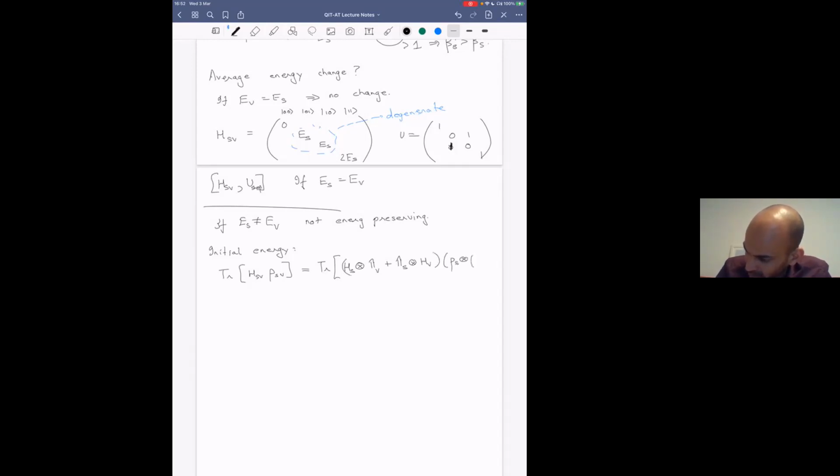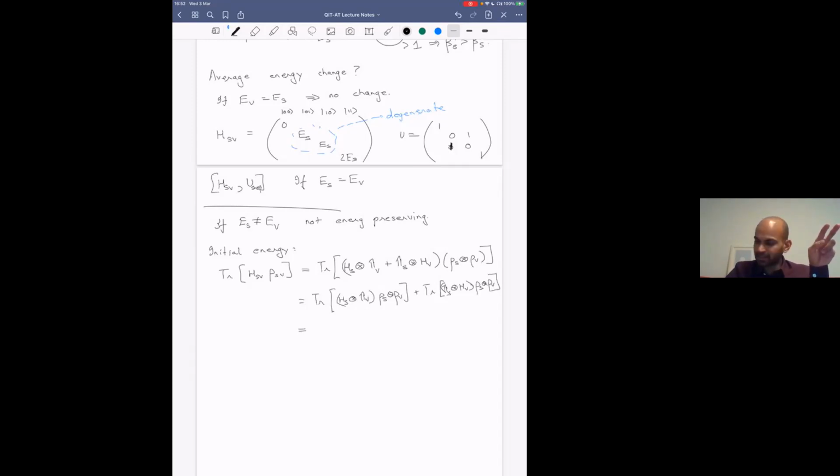Rho S tensor rho V, and this you can split as trace of, I just use the sum, HS rho S tensor rho V plus trace of HV rho S tensor rho V. Right, and now in each of them we can already do a partial trace because I have identity.